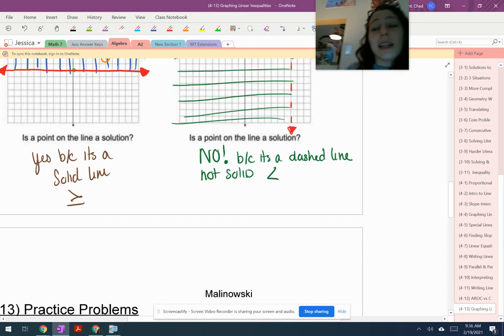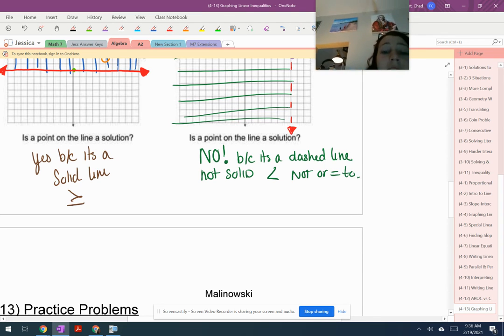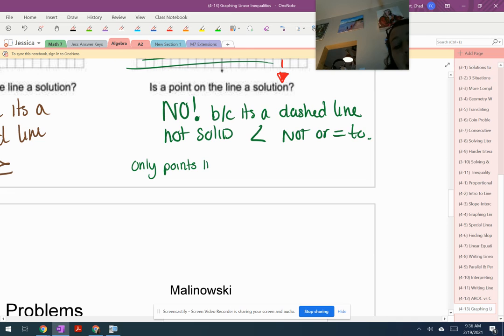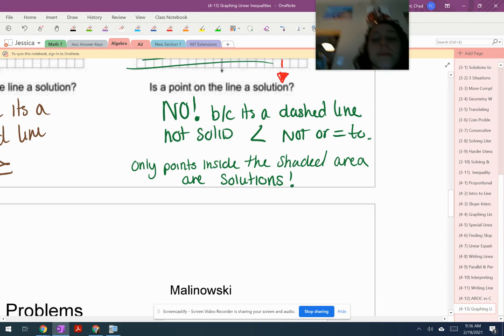You had a less than inequality, not an or equal to. So in this situation, only points inside the shaded area are solutions.